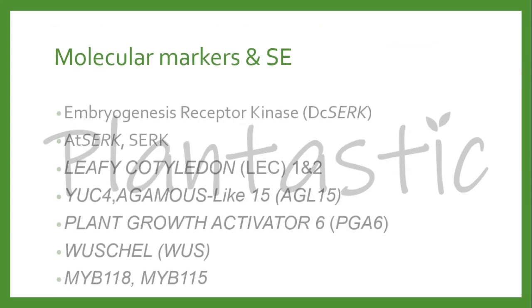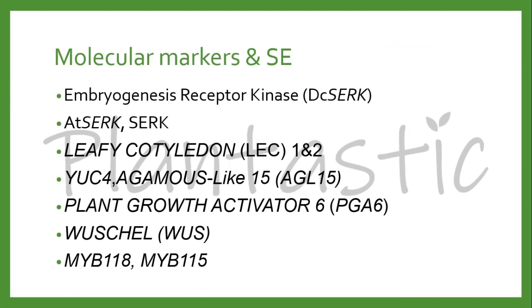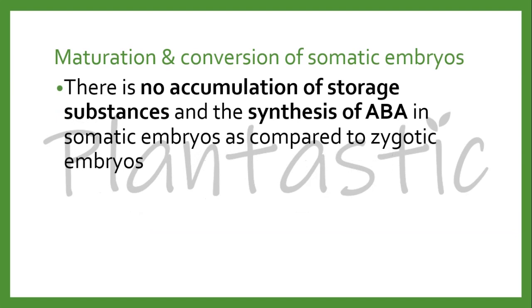Theoretically, there are some molecular markers that are used to determine somatic embryogenesis. After the decline in 2,4-D, somatic embryogenesis needs to proceed with the maturation and conversion of somatic embryos. It is because there is no accumulation of storage substances and synthesis of ABA in somatic embryos as compared to zygotic embryos.